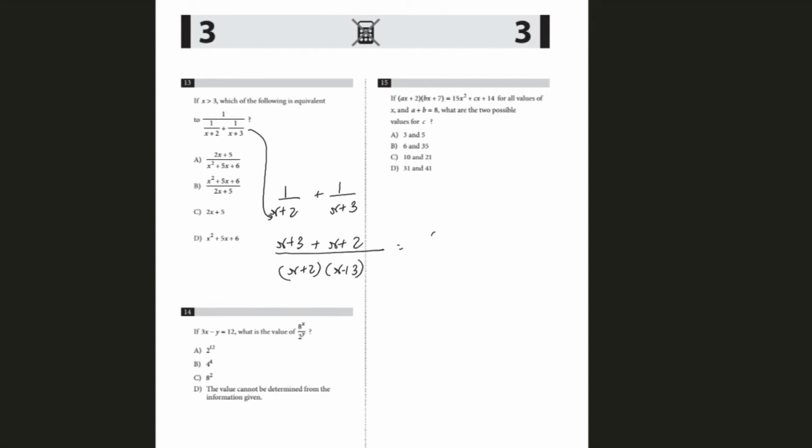x plus 3 plus x plus 2, which gives 2x plus 5 over the denominator. So this is the denominator.